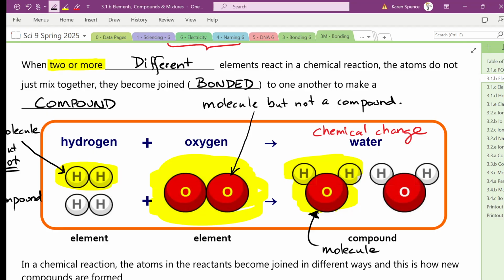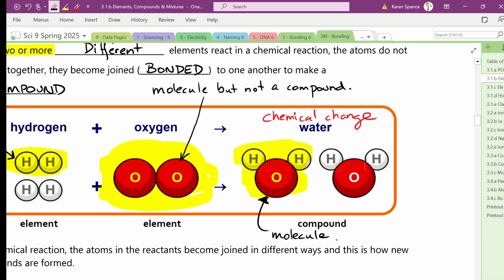Yes, because we have different atoms. So this one is a molecule and a compound. So you can have molecules that are elements, you can have molecules that are compounds. Okay? Molecule just means you've got non-metal atoms stuck together. Element means the atoms are all the same. Compound means you've got different atoms.